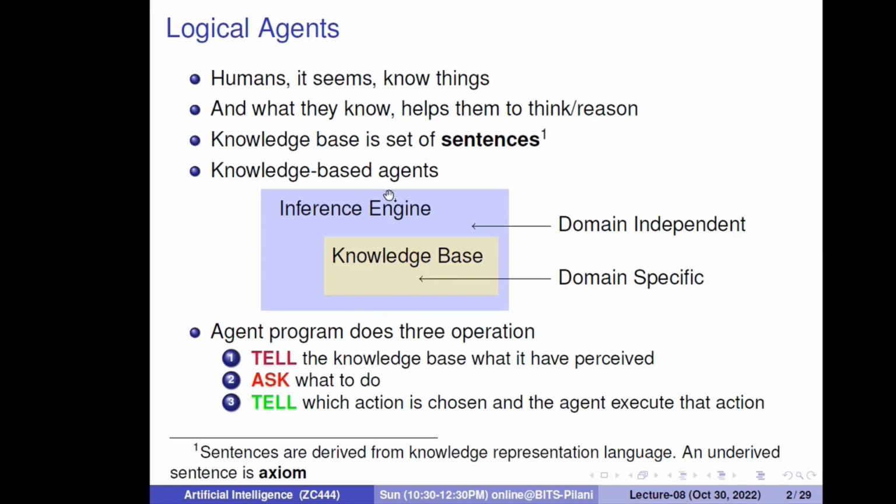It is the task of the inference engine to utilize this knowledge and come up with the actions that need to be taken in this particular scenario. And when the inference engine comes to a conclusion, it says do this particular thing. Then again, it is the agent's part to execute that action. So execution is again a part of the agent, and it would use actuators to do something in the environment.